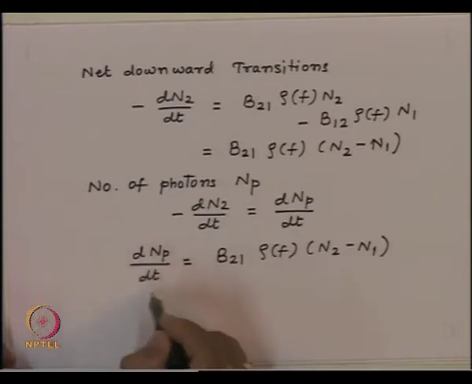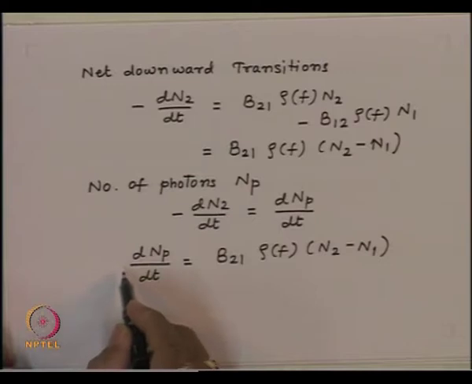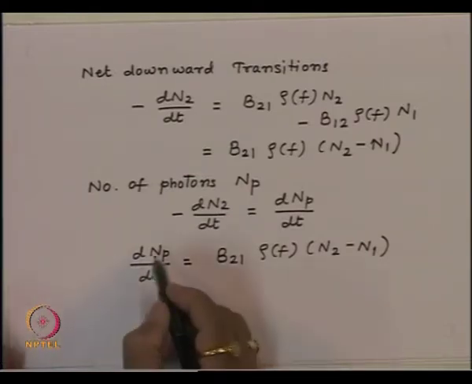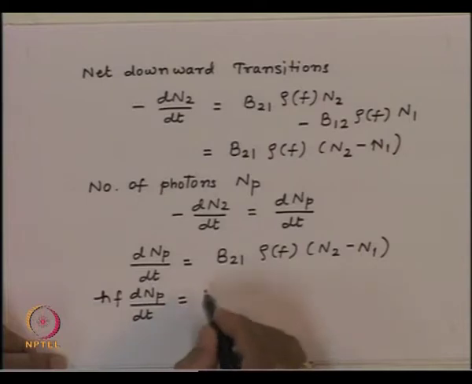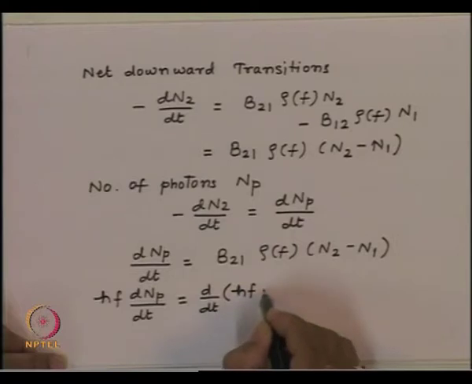If I multiply this quantity by the energy of photons, which is h into f, then this quantity essentially will tell us the energy per unit time in the form of photons. So, this we can write as d by dt of h f into Np.